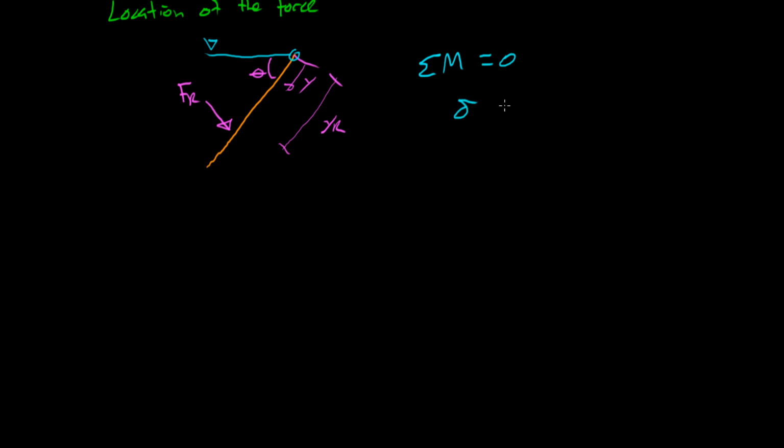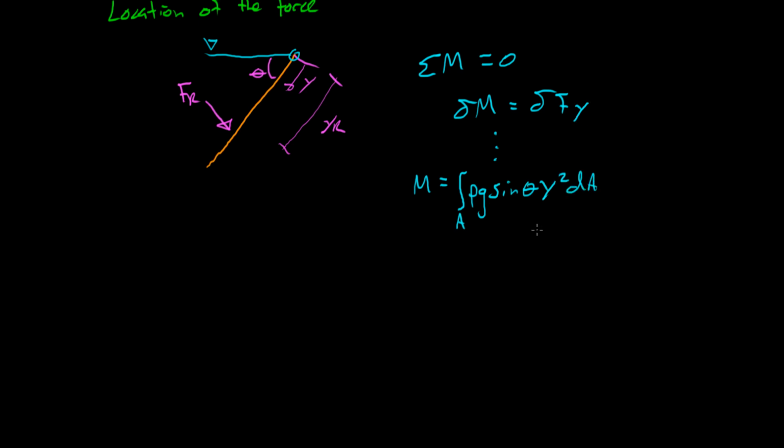You could imagine that we could write a differential moment as a differential force times y, if it's summing moments about this point here at the top. If we did a little bit of algebra and calculus similar to the last video, we'd get the integral over the area of rho g sine theta y squared dA.